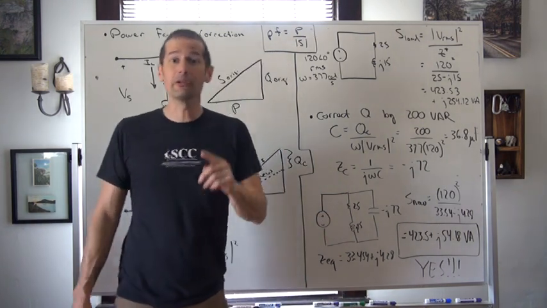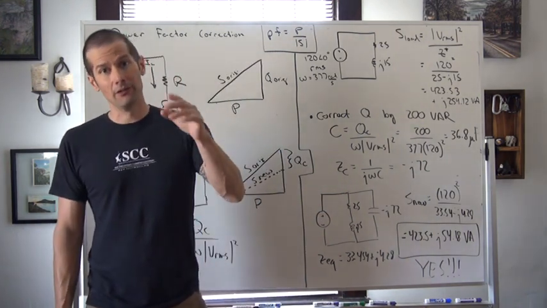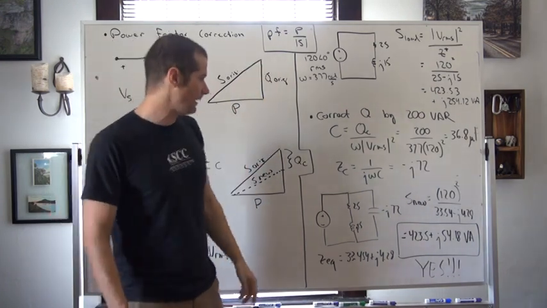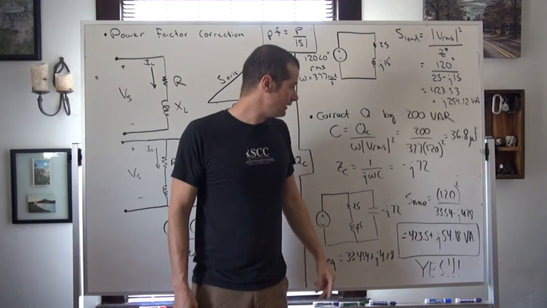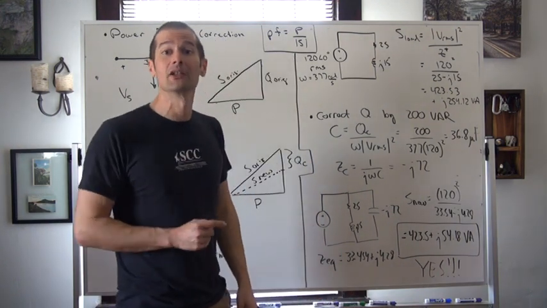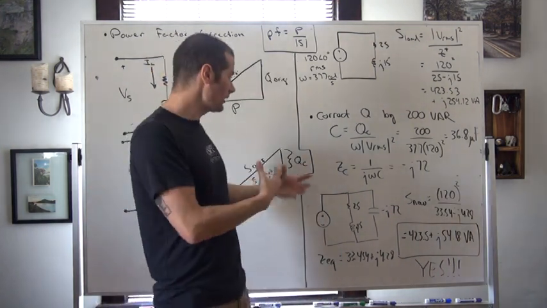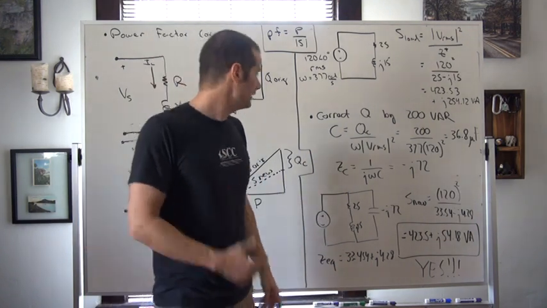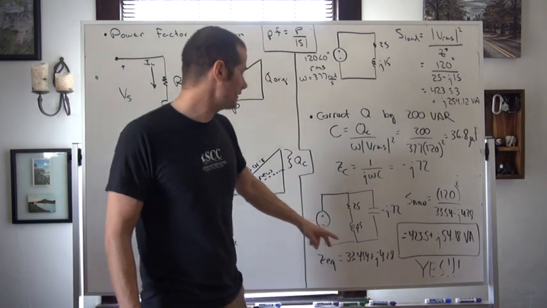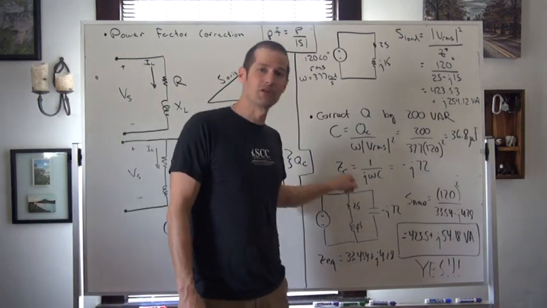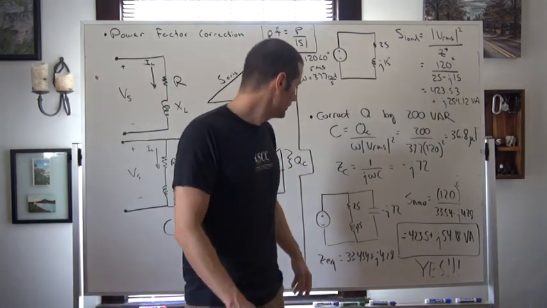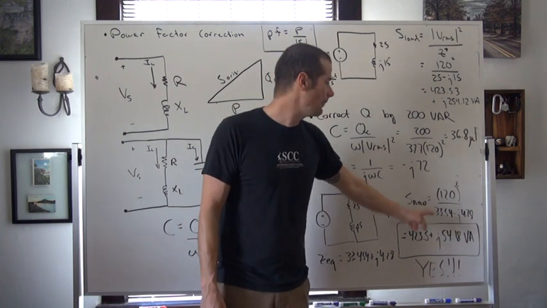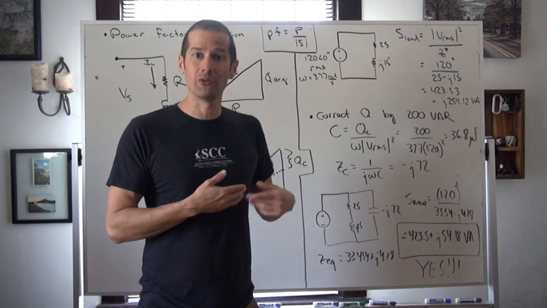But what we're going to do is affect the amount of apparent power in the system, that magnitude of our instantaneous power. And so when we recalculate our new complex power that's actually being supplied by our source, we take the new impedance value of these two branches in parallel, and then we take 120 squared divided by 33.54 minus j4.28.